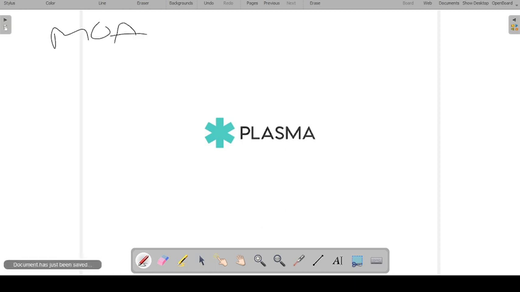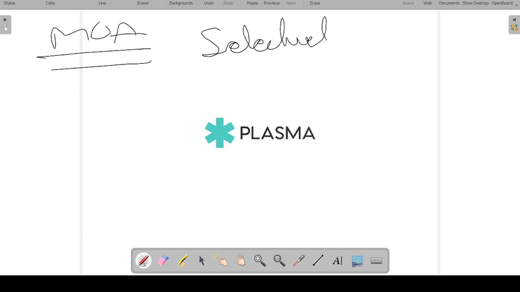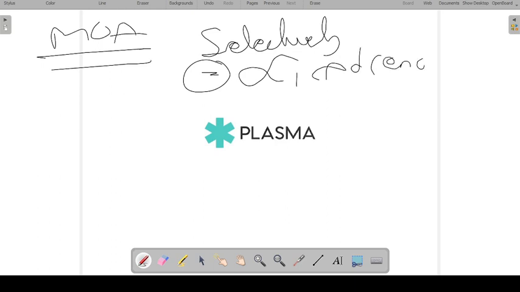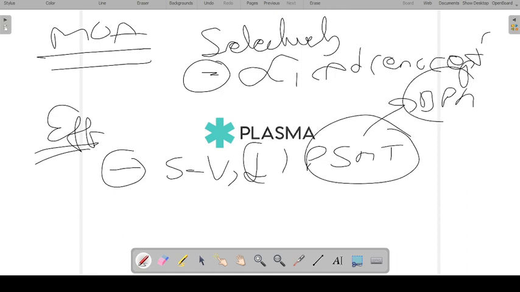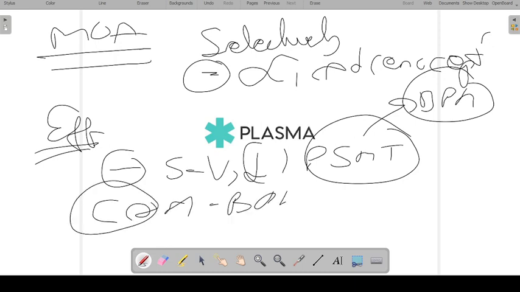The mechanism of action is that they selectively block the alpha 1 adrenoceptors. Effects: they prevent sympathetic vasoconstriction and reduce prostatic smooth muscle tone, so this can be used in BPH patients also. Clinical application is in hypertension and BPH.